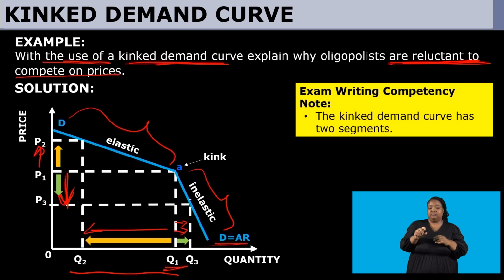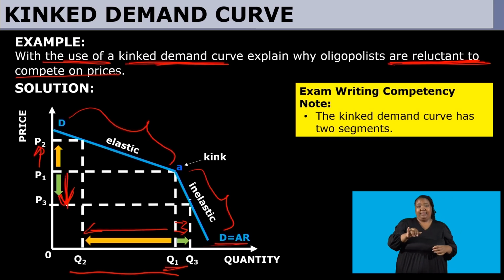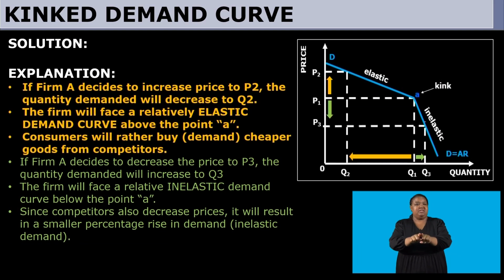So what does that mean? The oligopolist will also lose revenue. So because of that, the oligopolist has no incentive to increase the price. The oligopolist has no incentive to decrease the price. The only option that the oligopolist will have is to keep the price at the kink, which we call price stability.